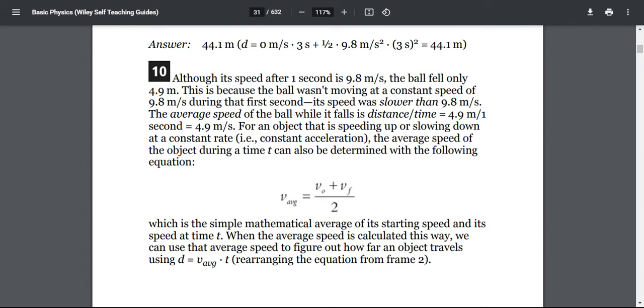So d equal to 0 into 3 plus 1 upon 2 into 9.8 into 3 square. We got the distance is 44.1 m. So after 3 seconds of fall, it fell 44.1 m.